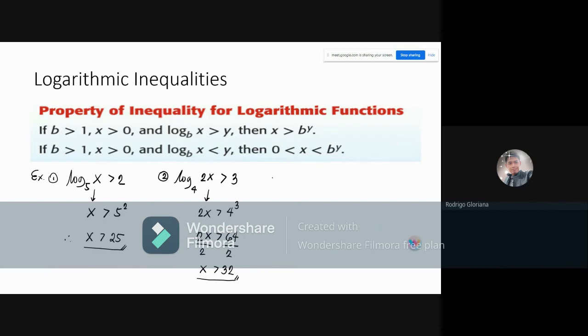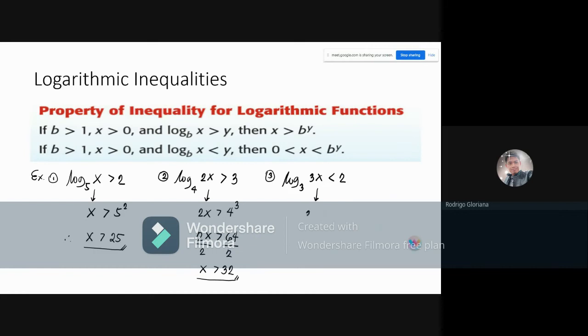In item number 3, let's say we have the logarithm of 3x to the base 3 less than 2. Translate this to exponential.